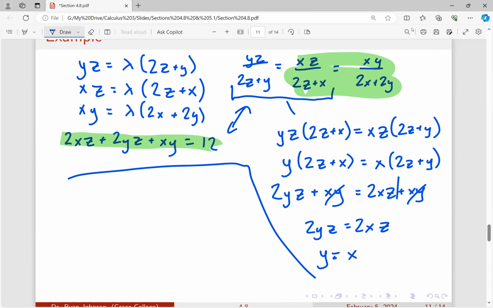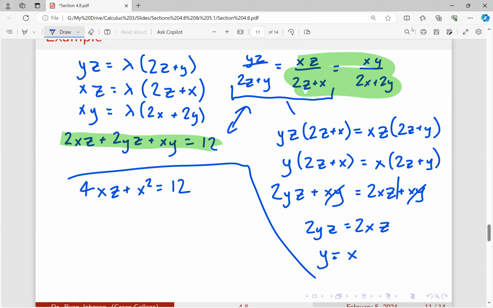So let's rewrite the g function. So x's and y's are the same. Let's just use x's. So 2xz and 2yz is just like 4xz, because x's and y's are the same, plus x and y is the same, so x squared equals 12.